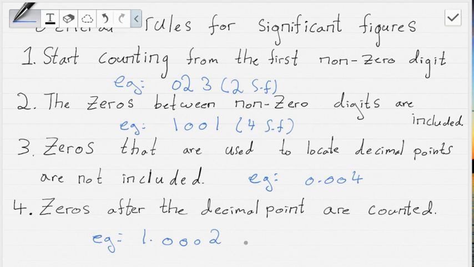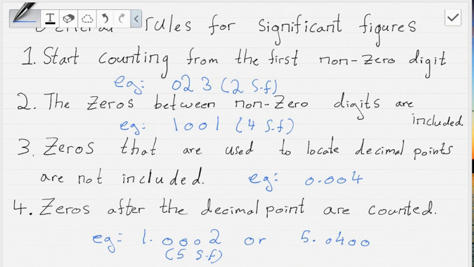An example here would be 1.0002 or 5.0400. If you have numbers written in that way, the first one would have 5 significant figures. We included all the zeros there because they're not just used to locate the decimal point, since you already have a 1 on the left.